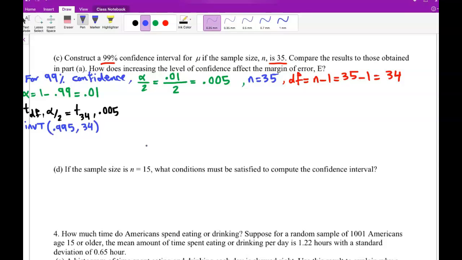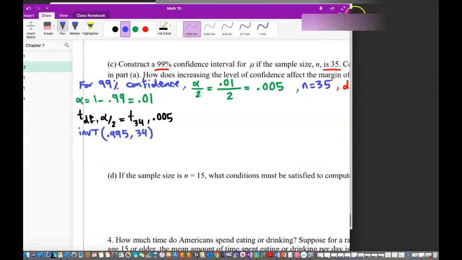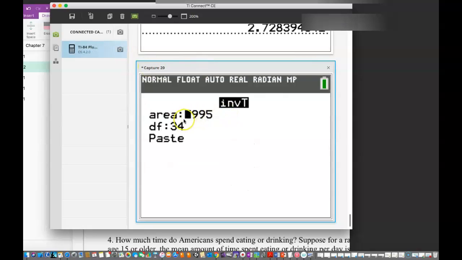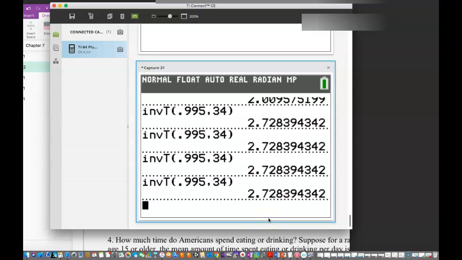Second, then enter, area is 0.995 and degree of freedom is 34. Then enter. The answer is 2.728.